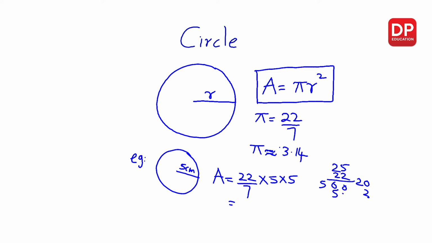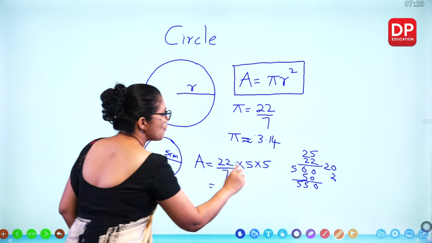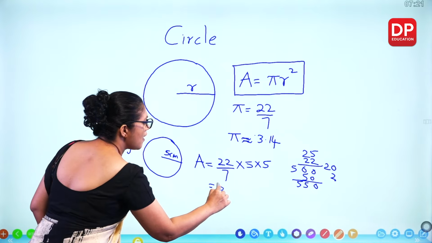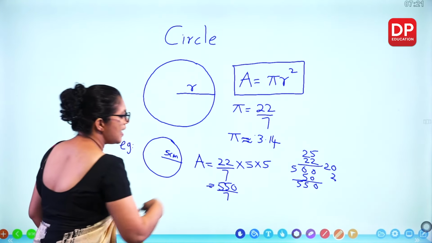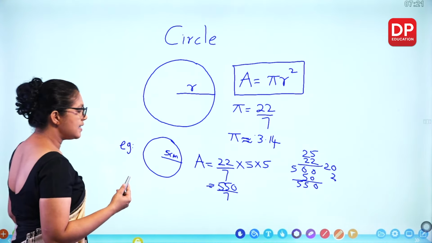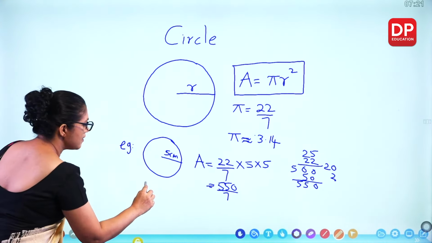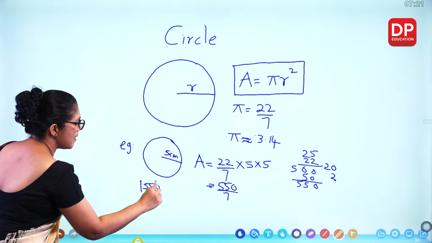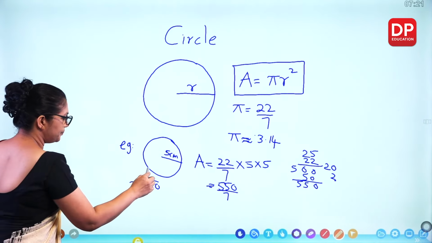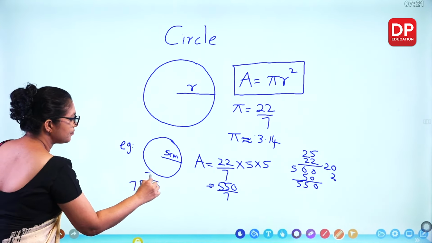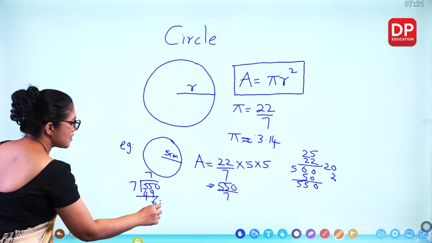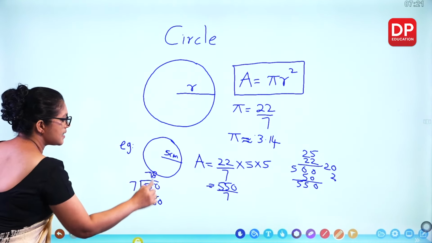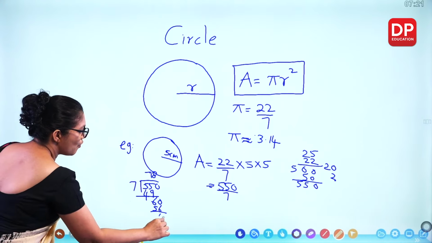So you get 550. So 550 divided by 7. You can write it as a fraction or in decimals, just divide and write down. So 550 divided by 7, how much? 7 times 7, 49. 6 for 60, 8, 56 and 4 remaining.